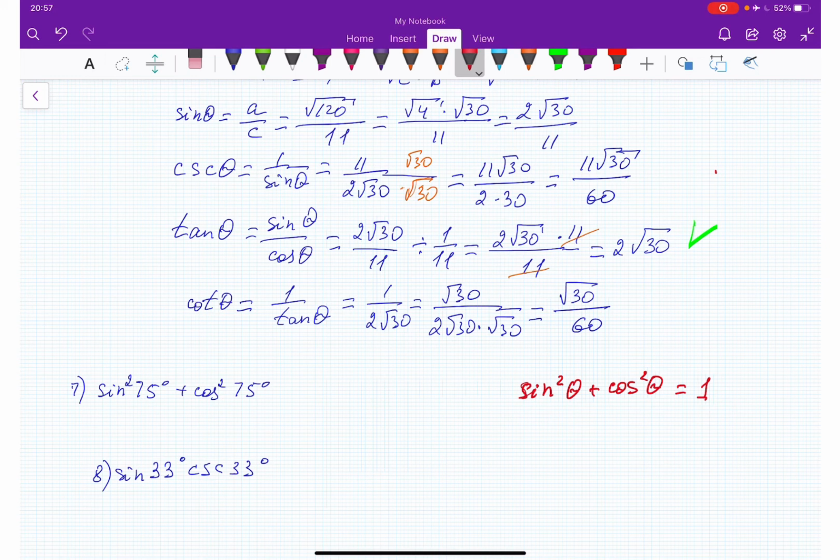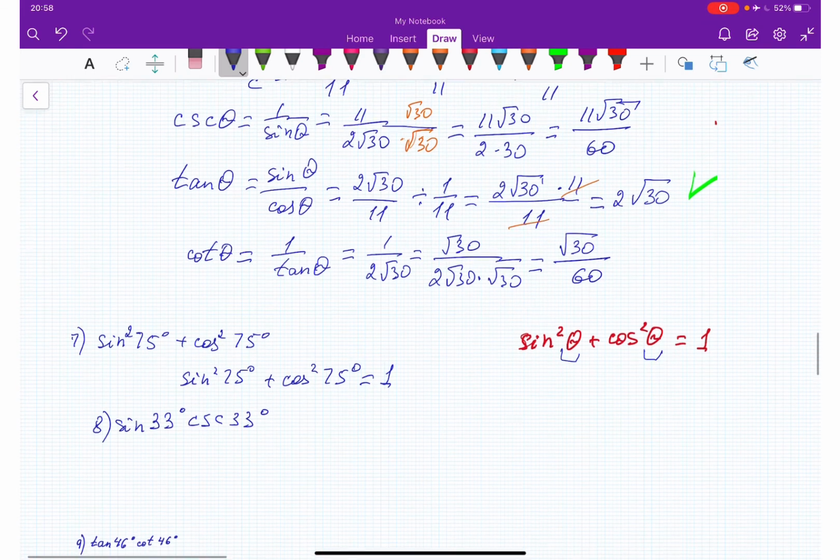Pay attention. We have to have the same angle. Do we have the same angle? Yes, 75 degrees here, 75 degrees here. Therefore, sine squared 75 degrees plus cosine squared 75 degrees is equal to 1. Absolutely correct. Okay. Next one.